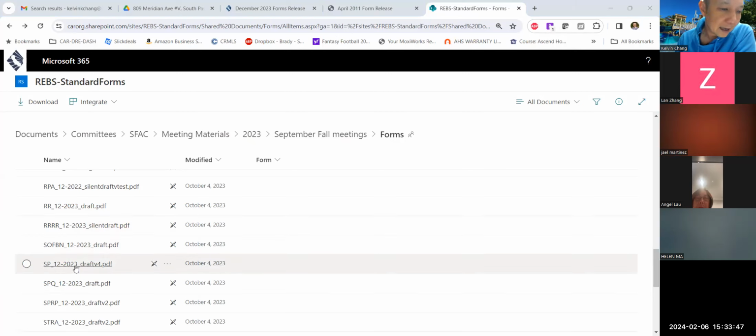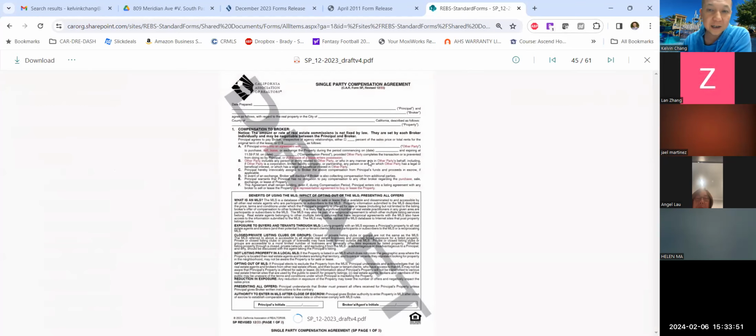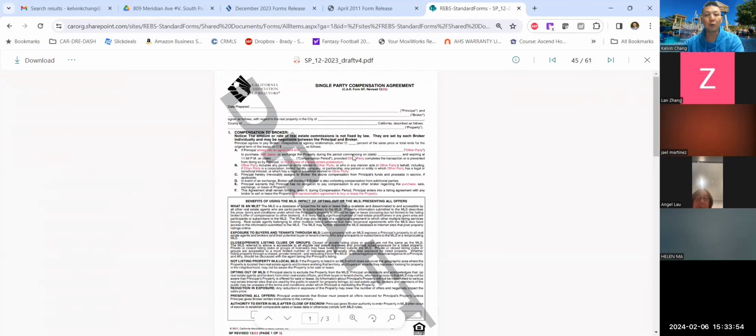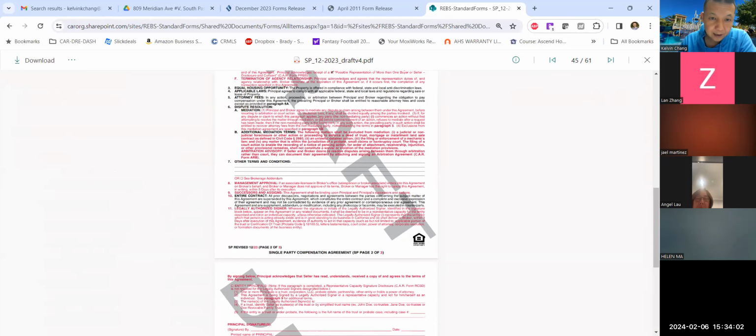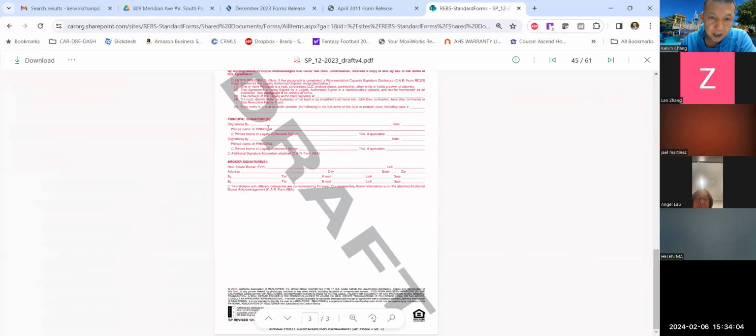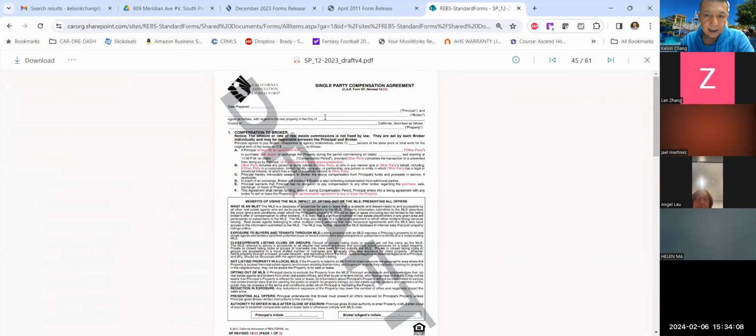So if that's the situation, the single party agency, I would rather you provide this single party compensation agreement with the seller. All this language has been changed in red. You see this? And you could be representing either side.